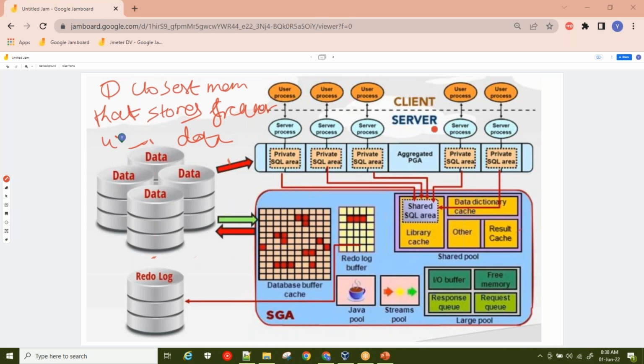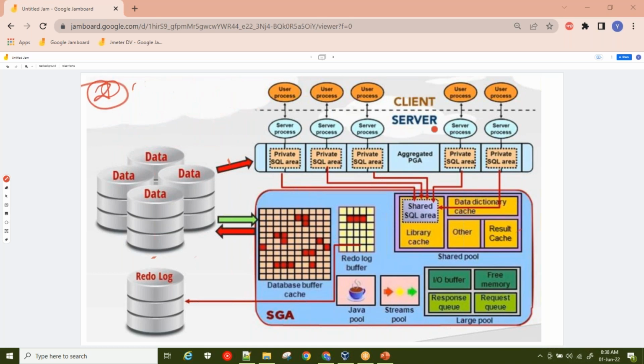Second, whenever some data is written, it will be written to the database buffer cache first, and only then to the storage disk.